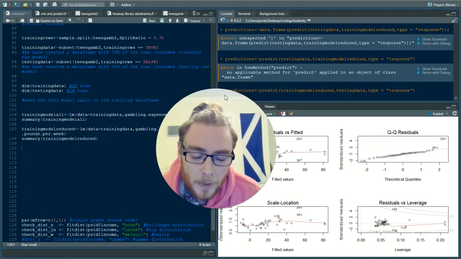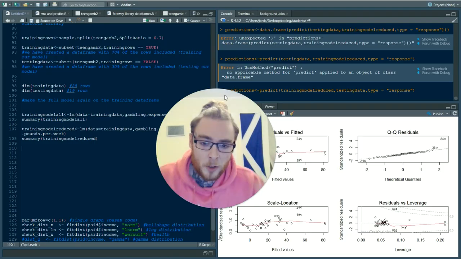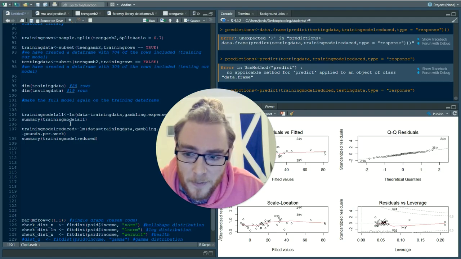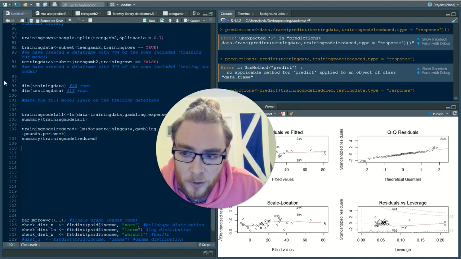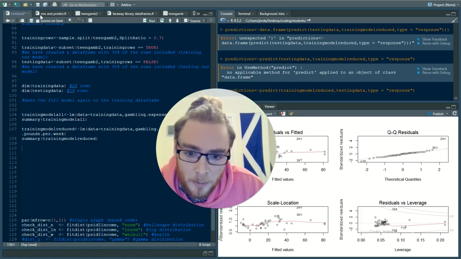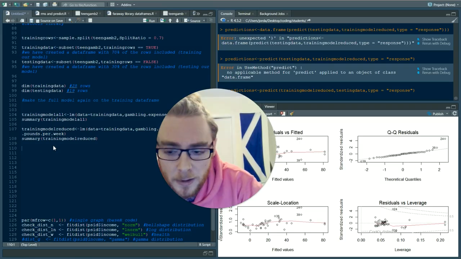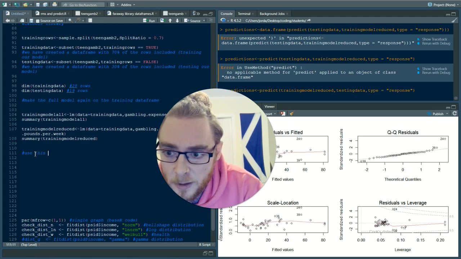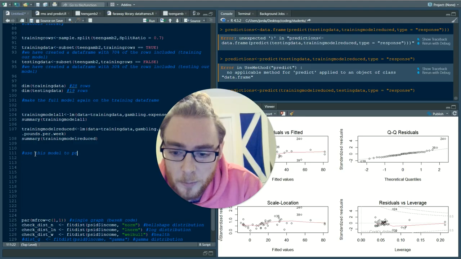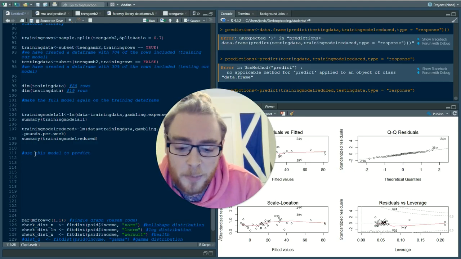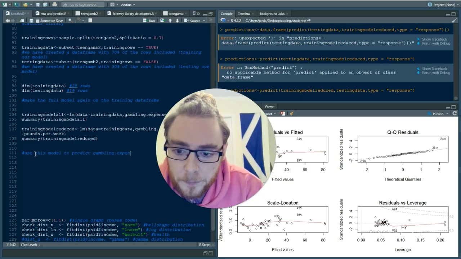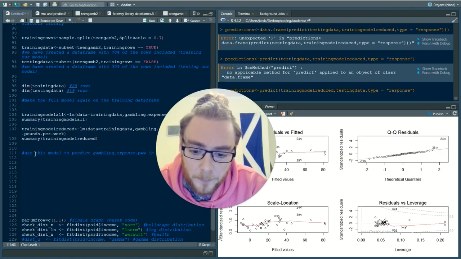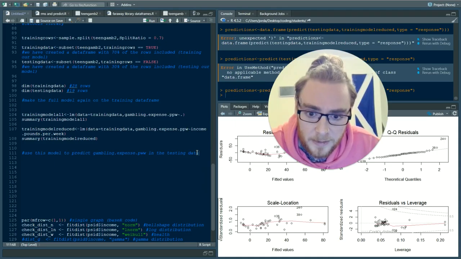This is the only one that was seen as significant from the previous results. So now that we've made that new model, which only includes a single predictor that turned out to be the only important one in the training data, what we can do is use that model to predict the gambling expense PPW in the testing data.